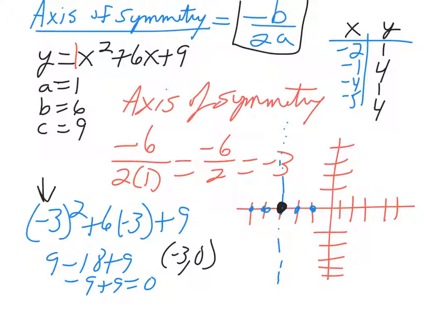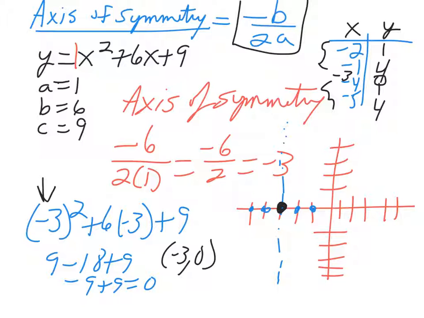I should have put negative 3 in there just to show you, because we already know that negative 3 is 0. So I kind of squeezed it in there, because we already put negative 3 in our equation, and we got 0. Then I went 2 to the right, 2 points to the left, put those in there, and that's what I got out for my points.